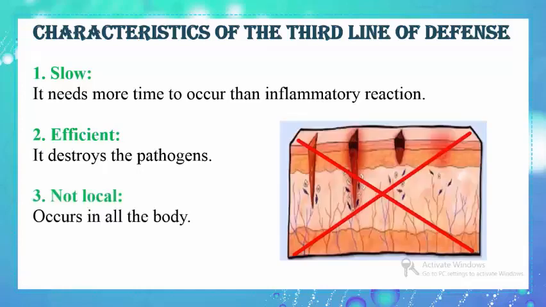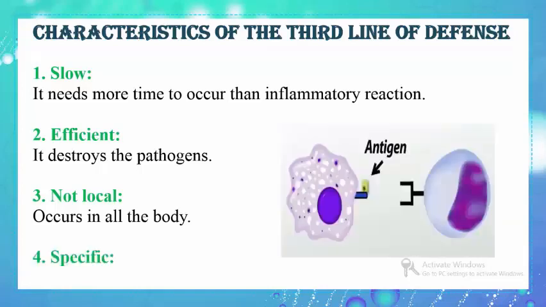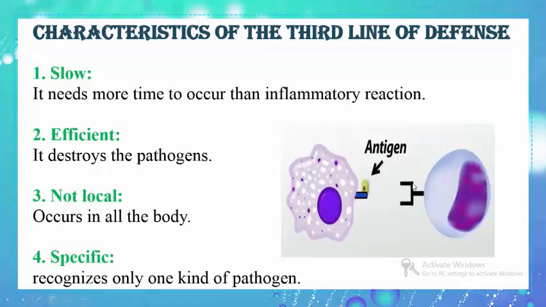Third, not local. It occurs in all the body, not only where the injured or infected area is present. It occurs whenever there are infected cells in the body. And the last one, specific, where it recognizes only one kind of pathogen. We repeat, we must have complementarity between the T cell receptor and the antigen of the pathogen.